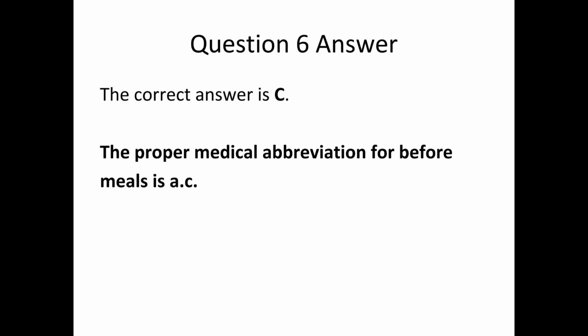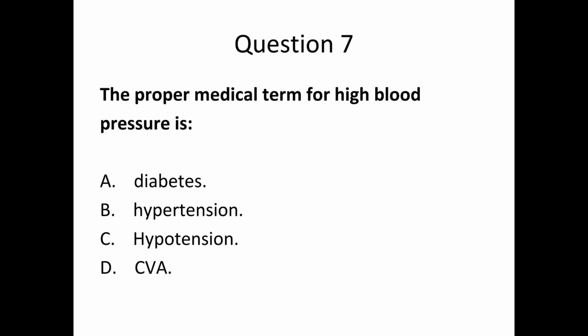Number 7 reads: the proper medical term for high blood pressure is. What is high blood pressure? We talk of hyper. It's hyper something, hypertension. Hypo means it's low. Hyper, it's high. Diabetes is always a problem with the sugars. I'll just give you the definition of diabetes.